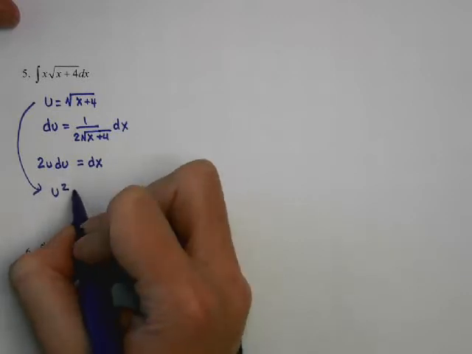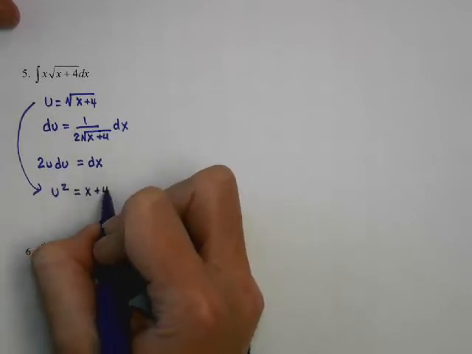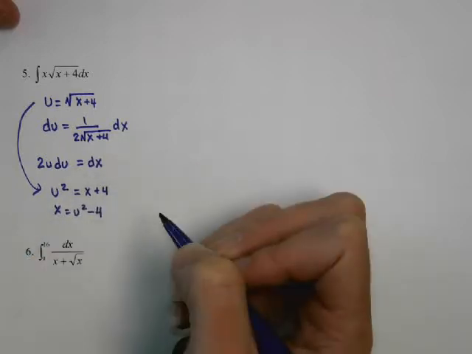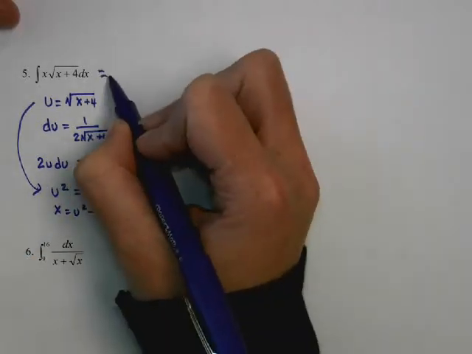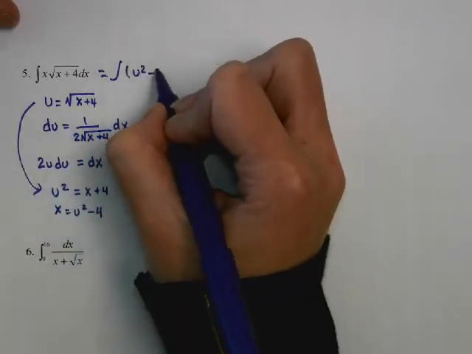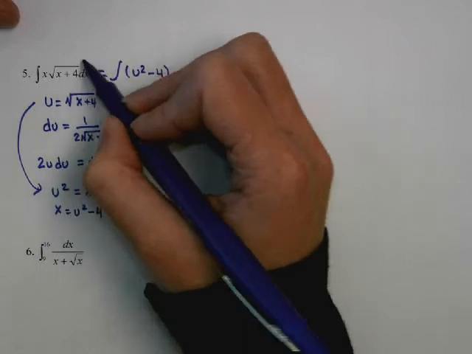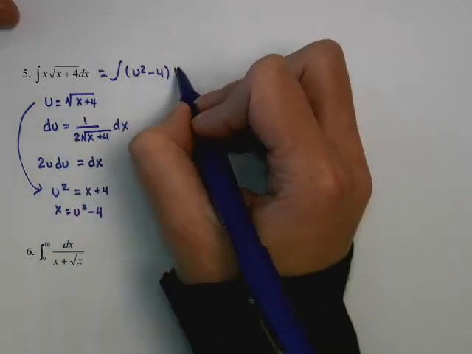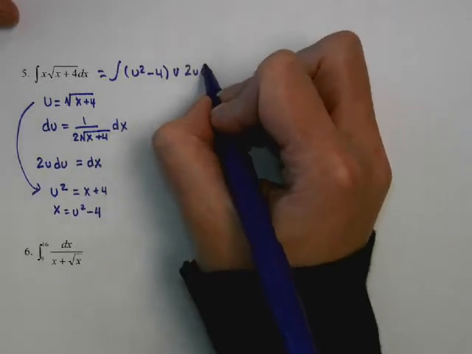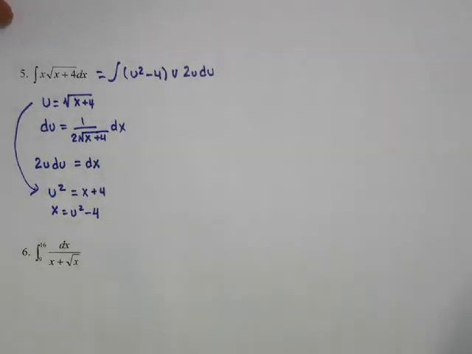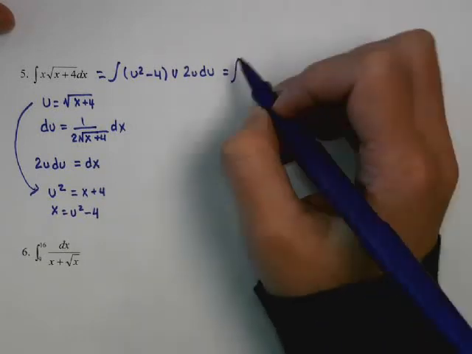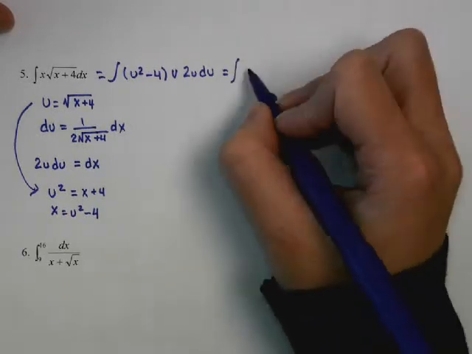So u squared is going to equal x plus 4. So x is going to equal u squared minus 4. So x gets replaced with u squared minus 4. The square root of x plus 4 is now u, and dx is 2u du. Which actually made this simpler to do because now I can combine things.